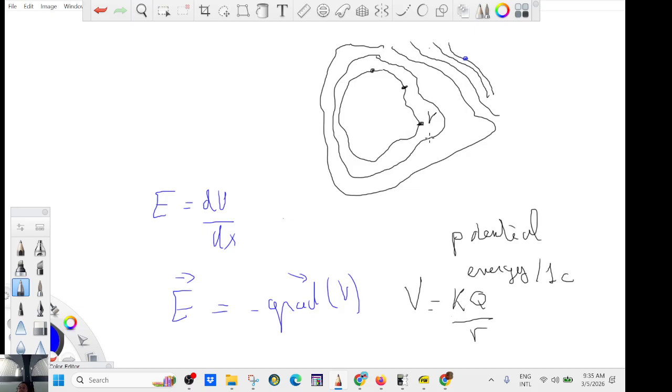So if I ask you, for example, is the electric field the strongest here or there? It's going to be at point B because the slope is the largest, right? You have a larger slope here than there because you have to think of contour lines. And the electric field will point in the direction where the potential is falling.